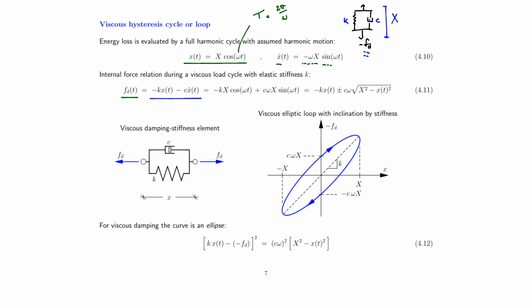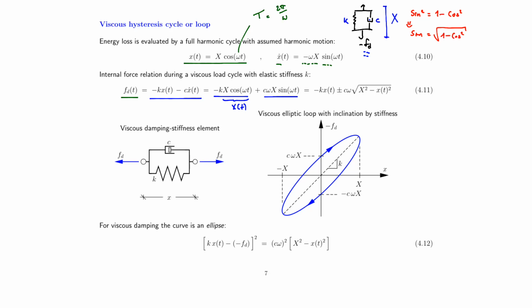That means that Fd is equal to minus kx minus cx dot. So we substitute in the expression for kx and the expression for cx dot, and then we consider that capital X cosine is simply x. Well, of course, sine squared is equal to 1 minus cosine squared, and that means that the sine function is the same as the square root of 1 minus cosine squared.